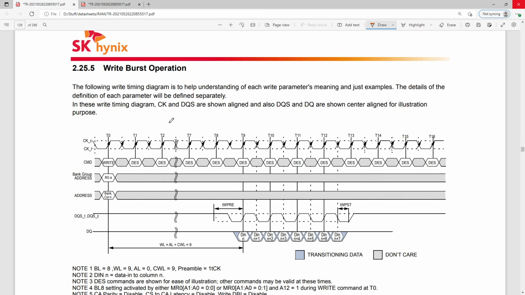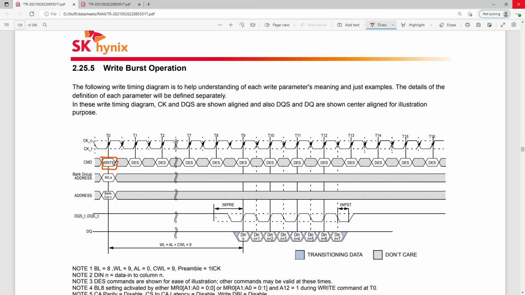Anyway, now let's take a look at how a data transfer actually occurs. This is a write burst operation, so we're sending data from a memory controller. It doesn't necessarily have to be on the CPU, but you'll have a memory controller sending data to the memory chip. So our memory controller tells the memory chip that it wants to write.